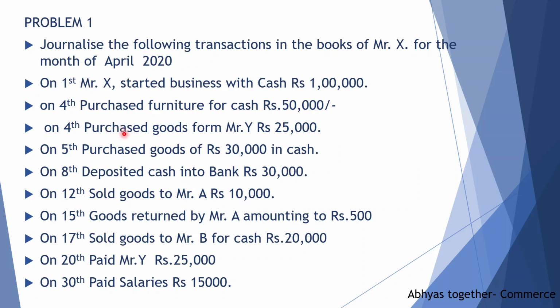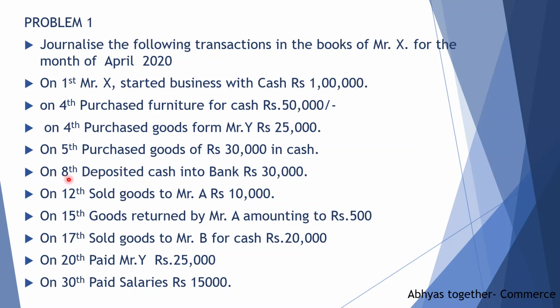In the previous question, he mentioned that he purchased goods from Mr. Y, and he mentioned the amount, but he didn't mention that he purchased it for cash. But in the next transaction, he clearly mentions that he purchased in cash. Okay, so this is a cash transaction, whereas this is a credit transaction.